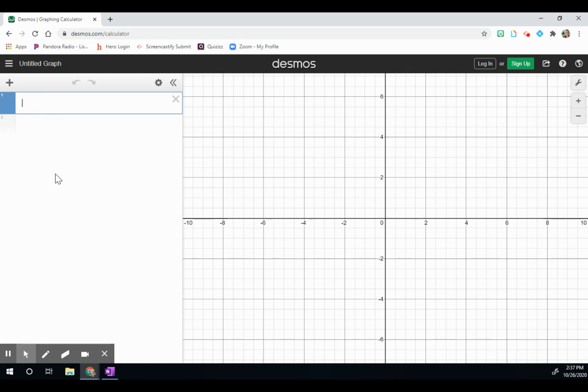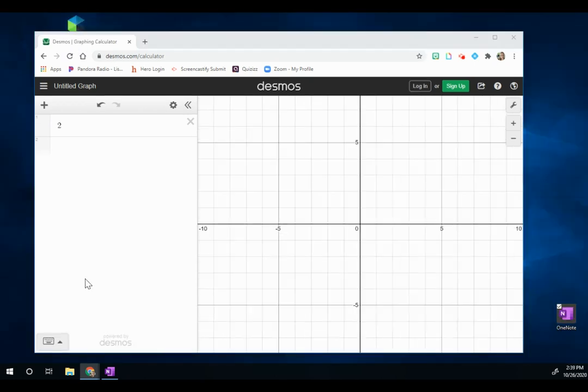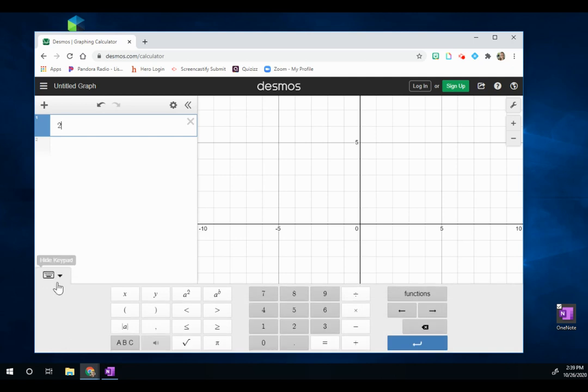I can do 2, and then I need the square root of 21. So you can either click down here and get this keyboard. Square root is going to be down here in the bottom. So square root of 21. You don't even have to hit enter. It's just going to give you the value. Okay, so that's one way to do it.